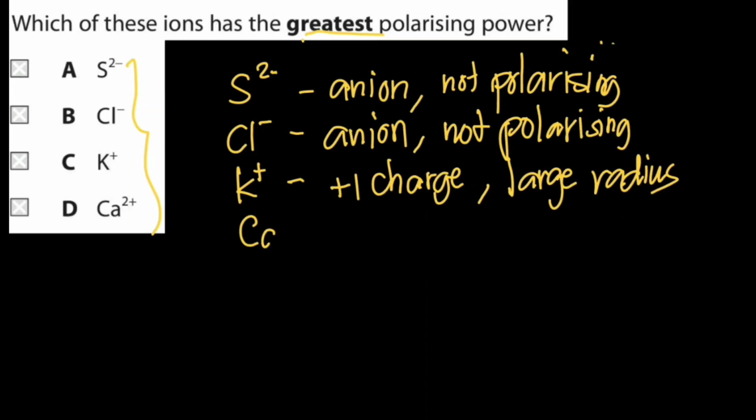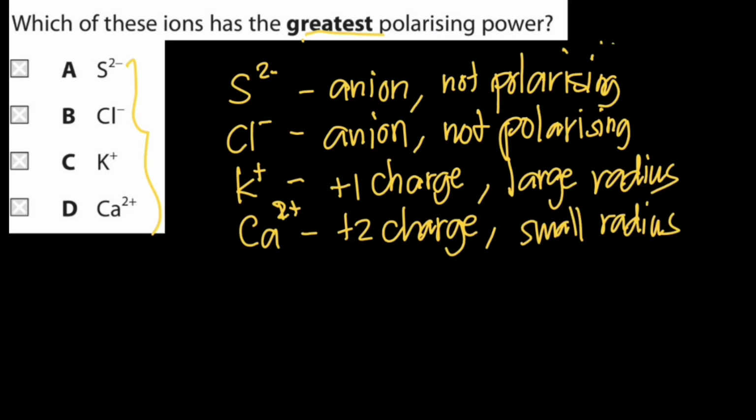And then we have calcium ion. Both potassium ion and calcium ion here are cations. So this has a +2 charge, which means the radius of this is smaller than that of potassium. Again, let's recall that a small cation with high charge has high polarizing power, while a large anion with high charge doesn't have any polarizing power.